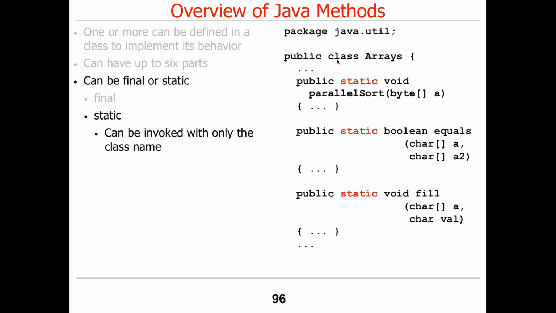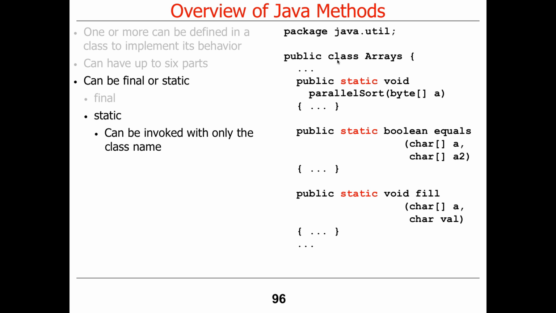There's also static methods. Static methods are class methods as opposed to instance methods in a sense. And they can be invoked without having an object. You can invoke them with only the name of the class. Or if you're in the class, you can just call them directly. So here's an example that you'll probably play around with in the arrays helper class that comes with Java that we're using for some stuff for this assignment, assignment 1.